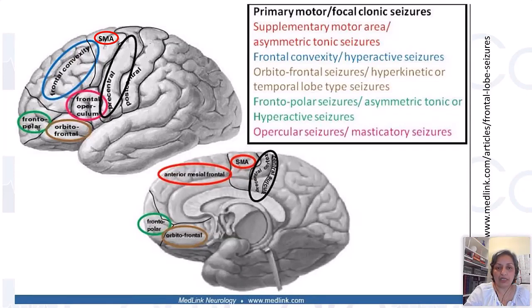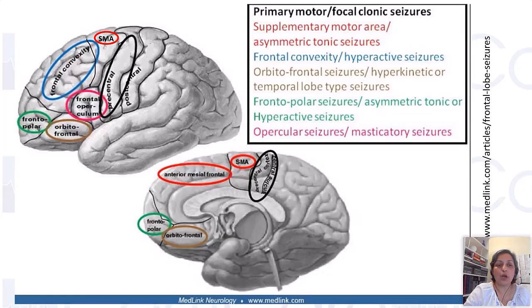The orbitofrontal area, which is the lateral inferior part of the frontal lobe, produces hyperkinetic seizures, and somehow these seizures are easily confused with the temporal lobe because of its close proximity. Then we have the frontopolar region. Again, seizures are asymmetric tonic seizures. They are also hyperactive seizures.